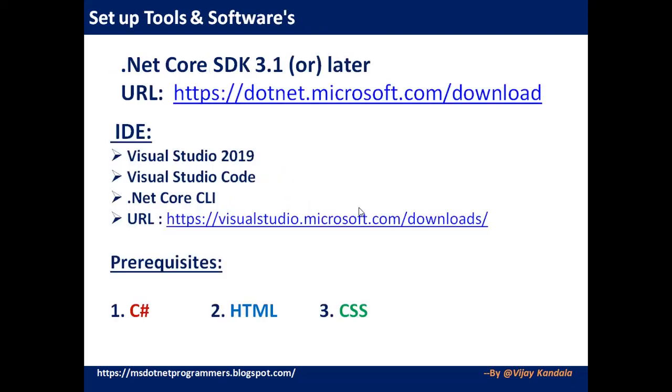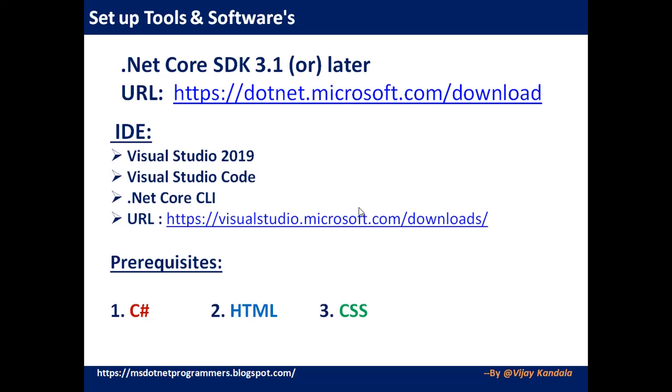Set up the software and tools. We need to download .NET Core SDK 3.1 or a later version. If you have already downloaded it, there is no need to download it now. If you have not yet downloaded it, let's download it using the link below. For the IDE, we can use Visual Studio 2019, Visual Studio Code, or the .NET Core CLI.